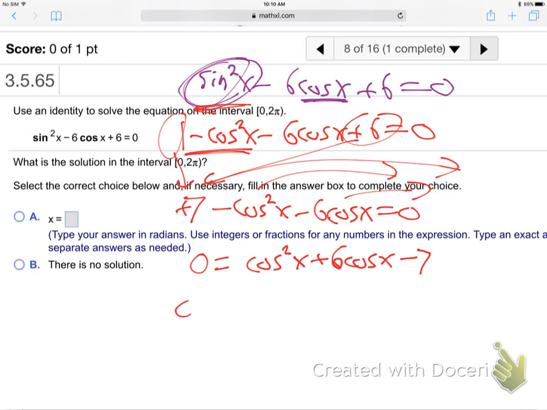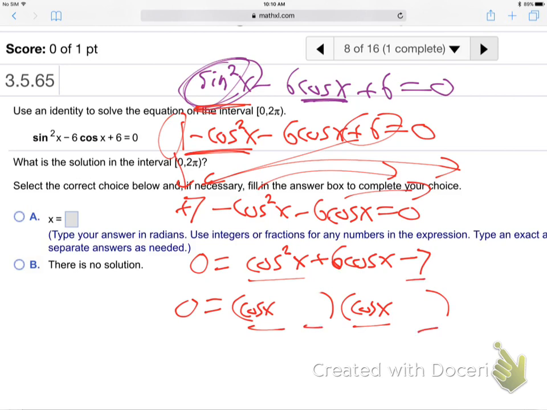Now we factor. Front times front to be front. Cosine times cosine is cosine squared. Good. And then back times back to make back.